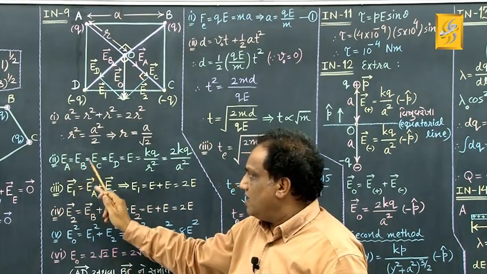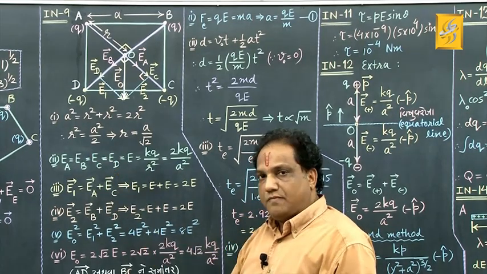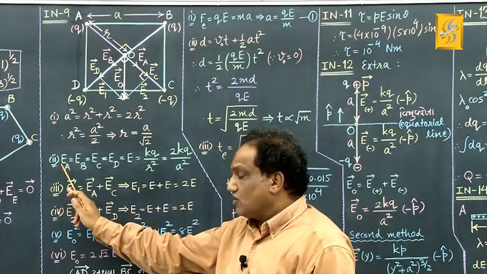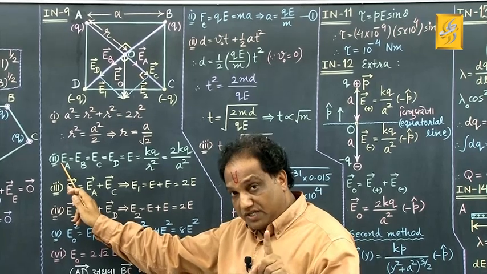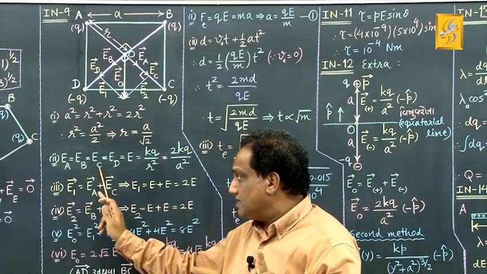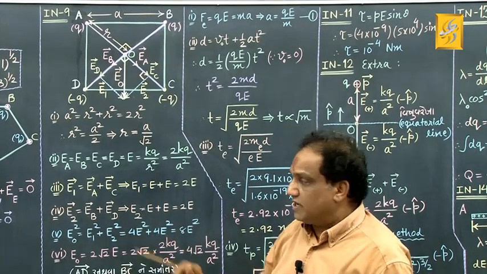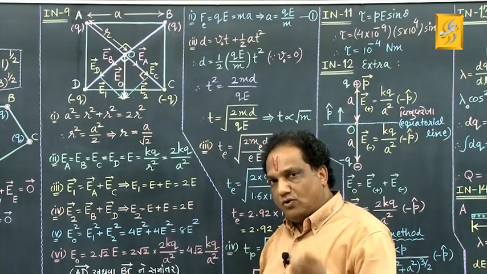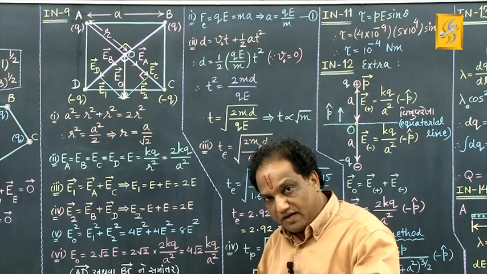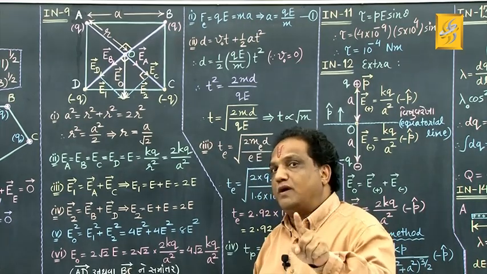EA equals EB equals EC equals ED, meaning thereby the magnitudes of electric fields produced by point charges placed at points A, B, C and D are equal, and their common magnitude I am showing by the symbol capital E. And don't you know the formula for the magnitude of the electric field produced by a point charge?